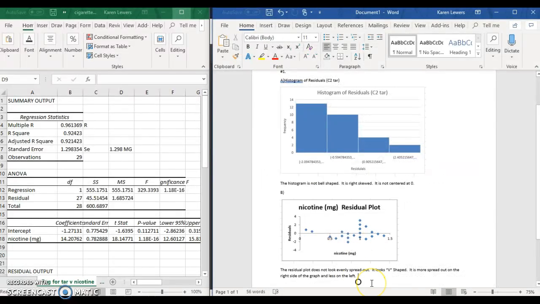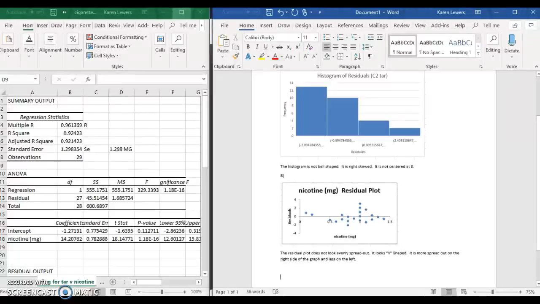So in my Word document, I'll say SE is 1.298 milligrams of tar.